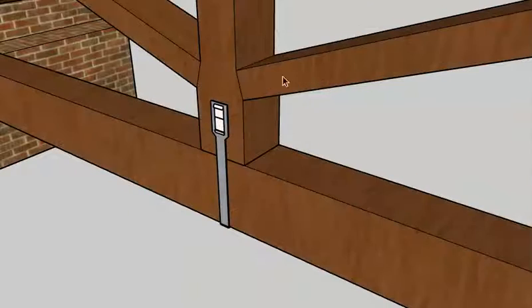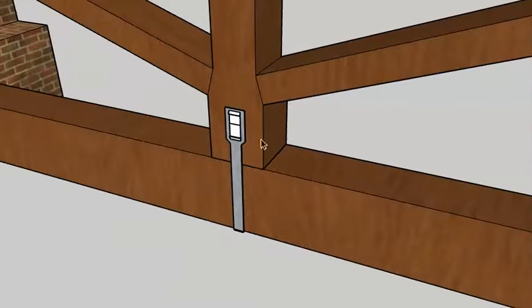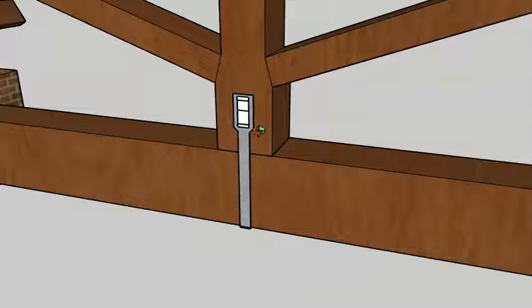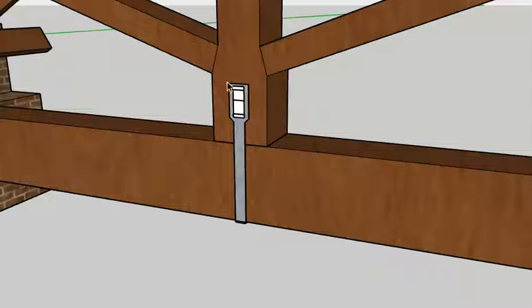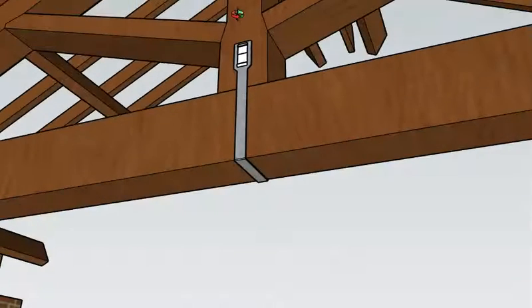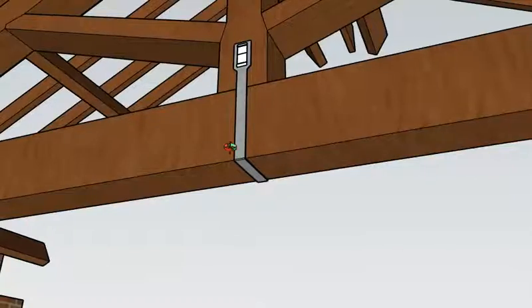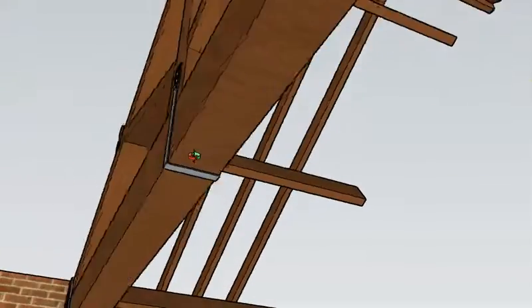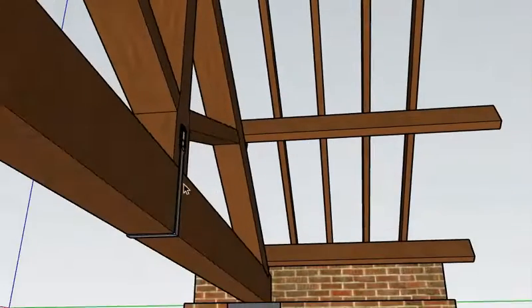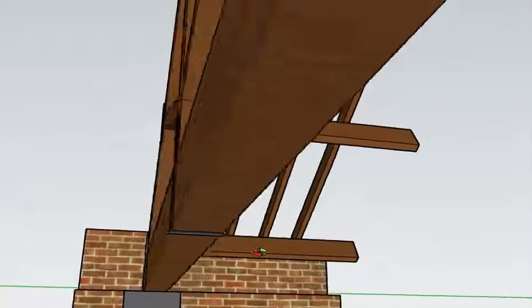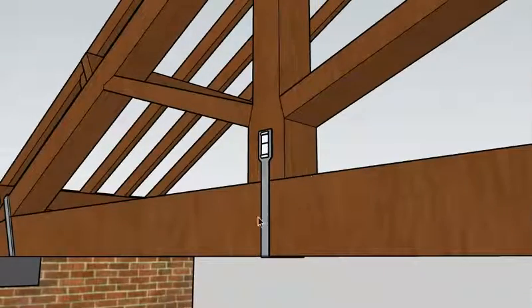Also what you will see here is that the king post and the tie member are secured to each other by means of a steel strap. So this steel strap goes all around like this, and it is going to connect the king post to the tie.